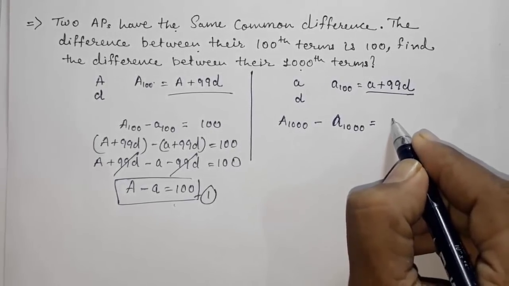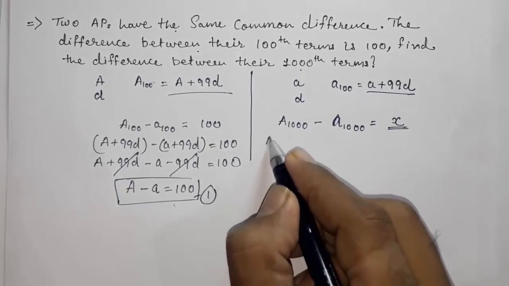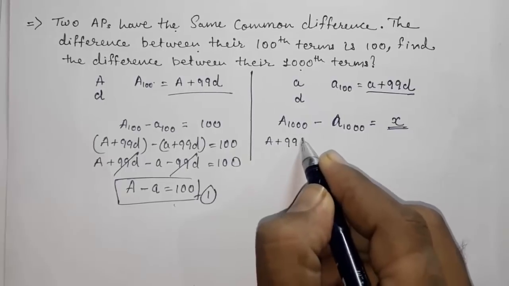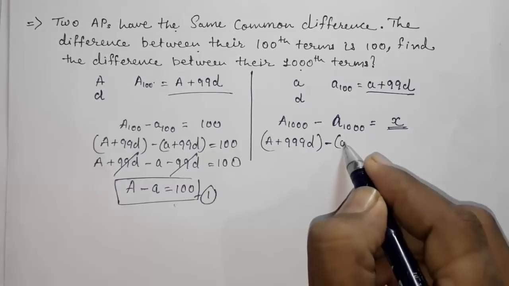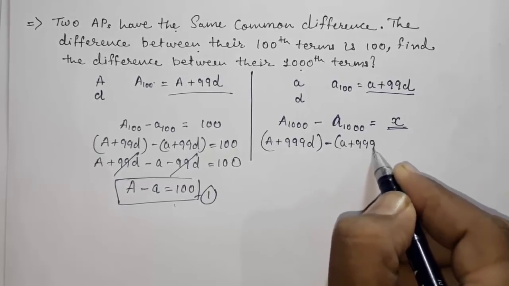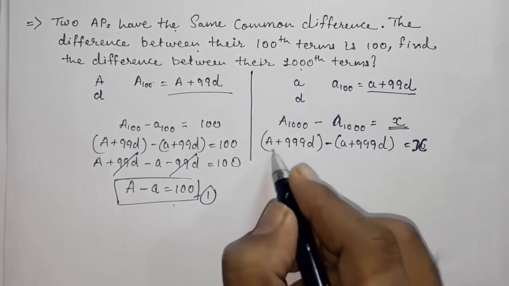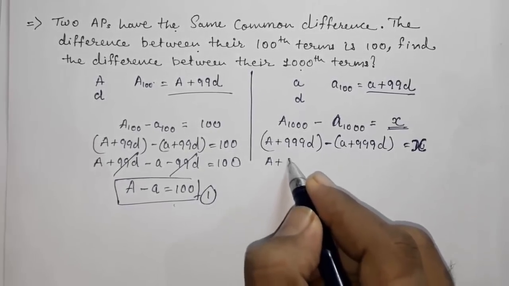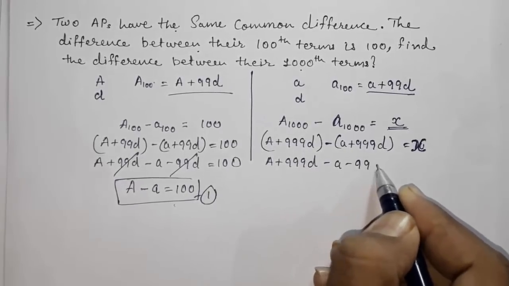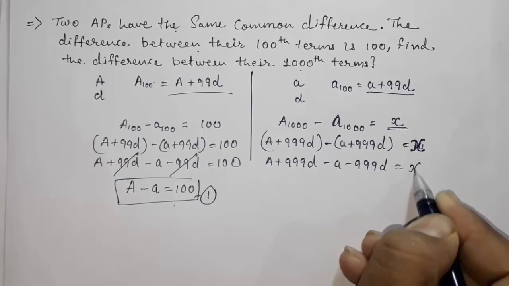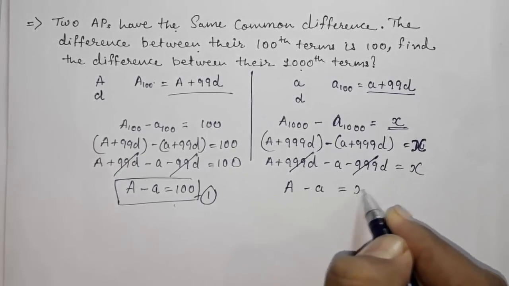I am giving that the name X. Now A1000 is A plus 999D, minus again this a1000 which will be a plus 999D, is equal to X. So open this: A plus 999D minus a minus 999D is equal to X. This will get cancelled. A minus a will be equal to X.